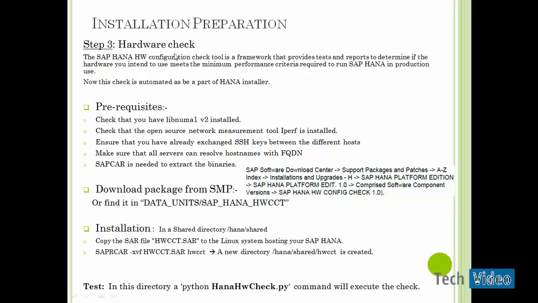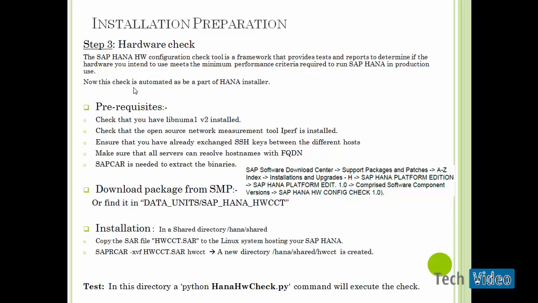To perform this check, there is a check tool which comes as part of a SAR file. This hardware check is also implemented as an automatic check along with the HANA installer.